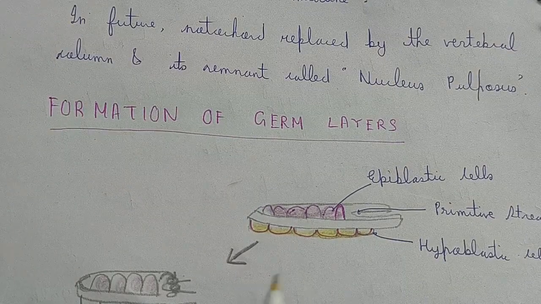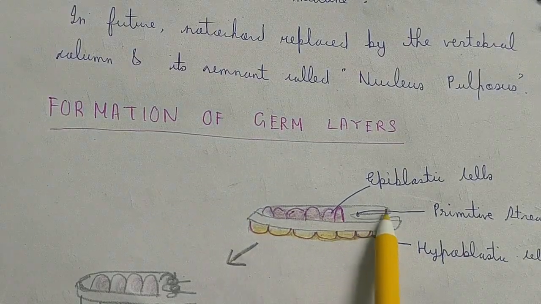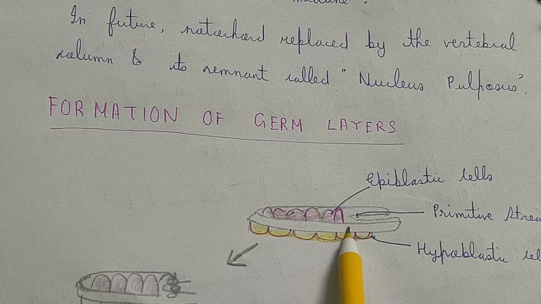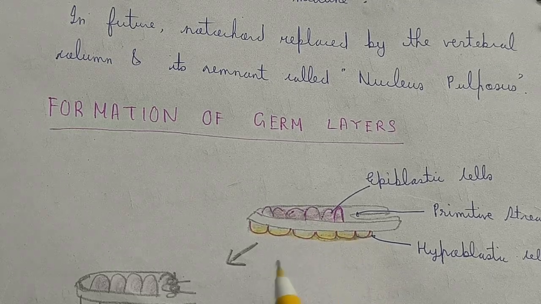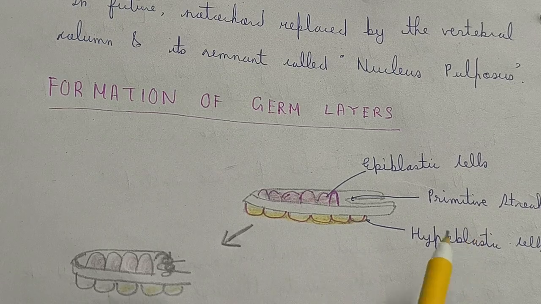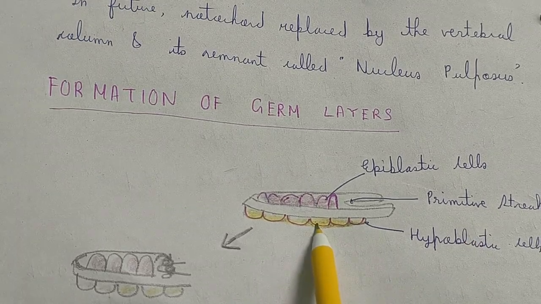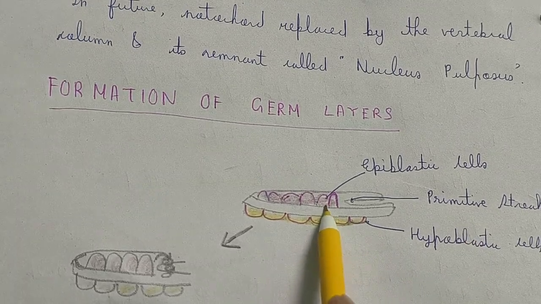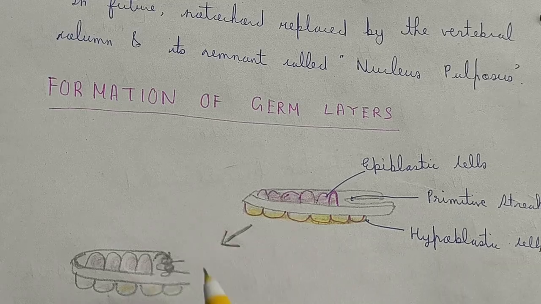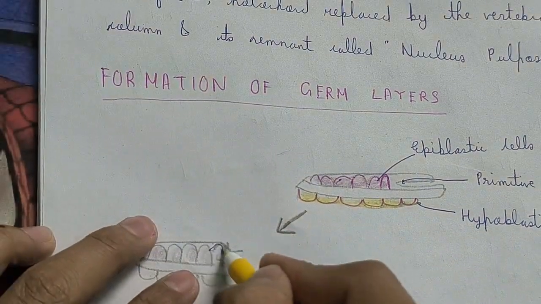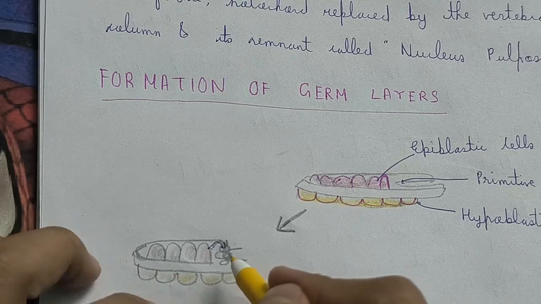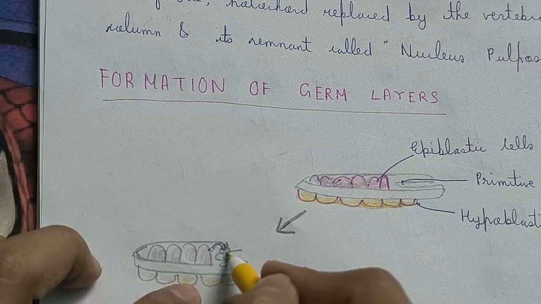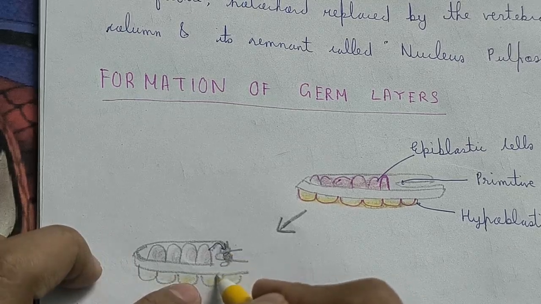First of all, these are the epiblastic cells. This is the primitive streak, this is the space between epiblast and hypoblast, and these are the hypoblastic cells. Yellow colored are the hypoblastic cells and pink colored are the epiblastic cells. In this diagram you can see that epiblastic cells are undergoing proliferation, and through the primitive streak they are moving downward towards the hypoblastic cell layer.